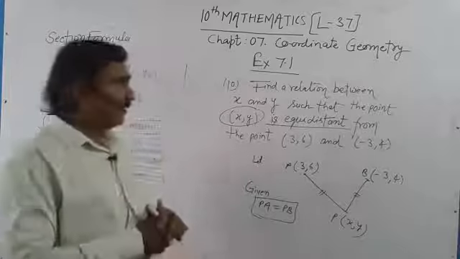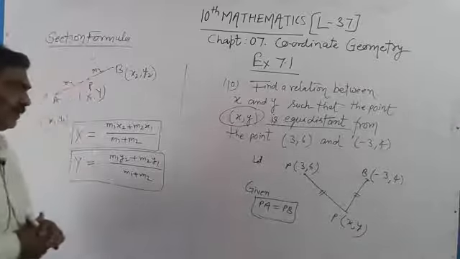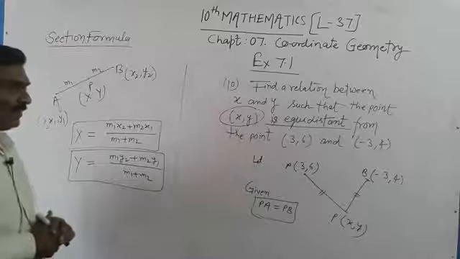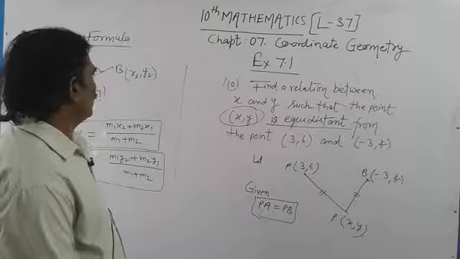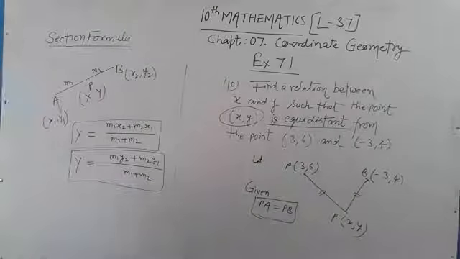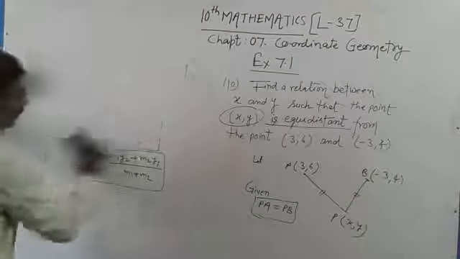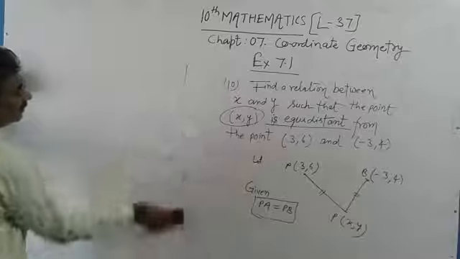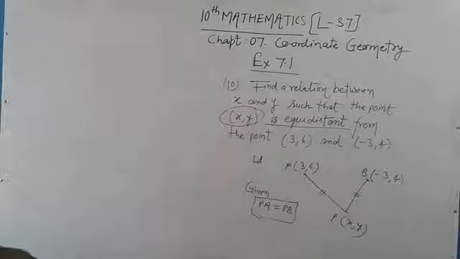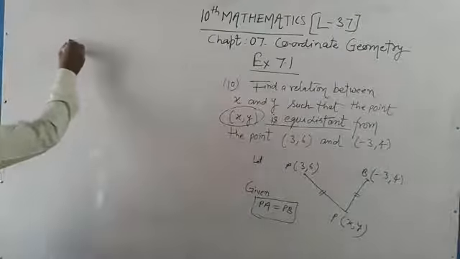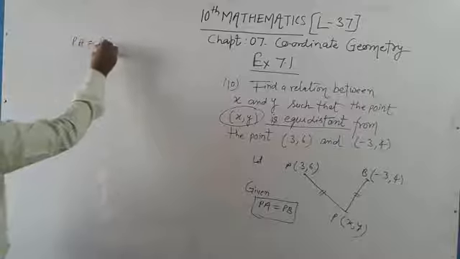Okay, students. So, now we take PA is equal to PB. We will write it down and then we'll find the solution. So students, here we have PA is equal to PB.